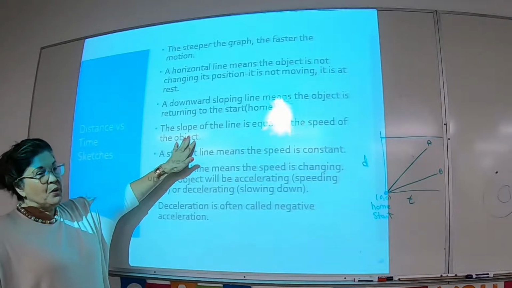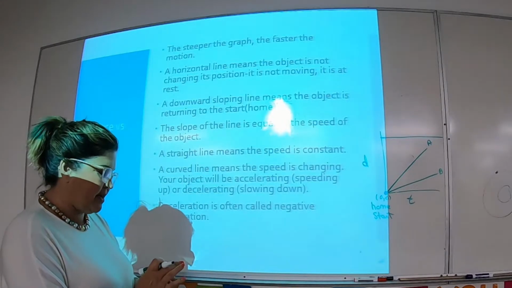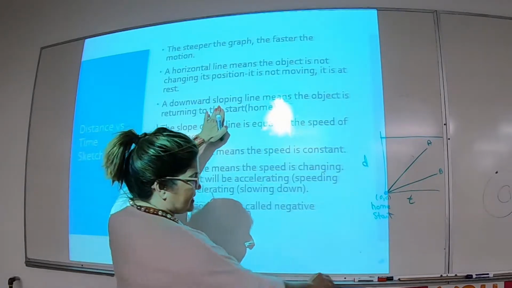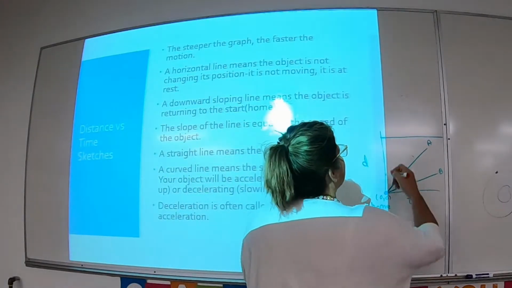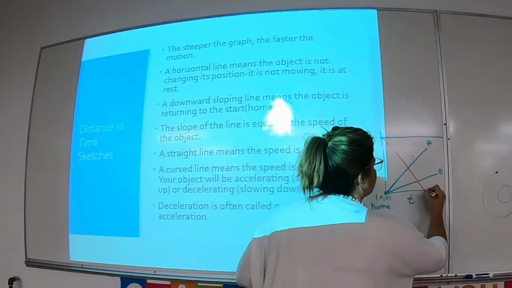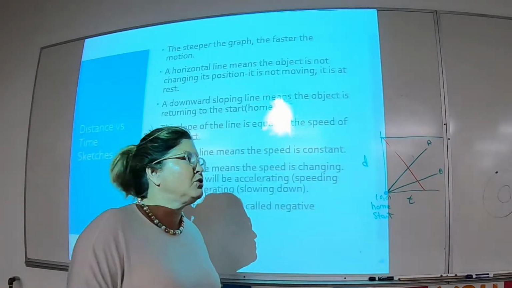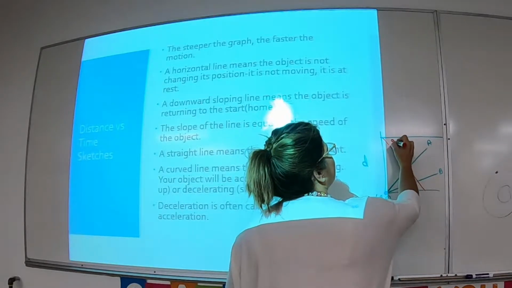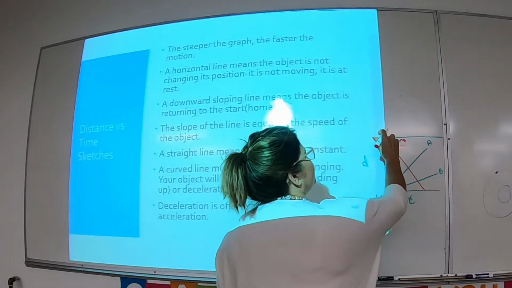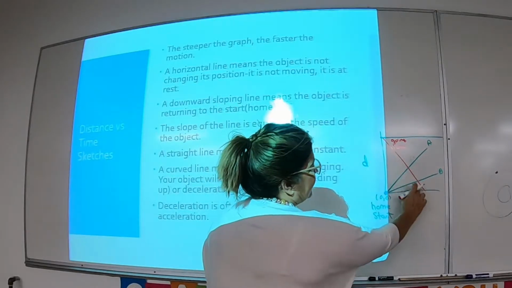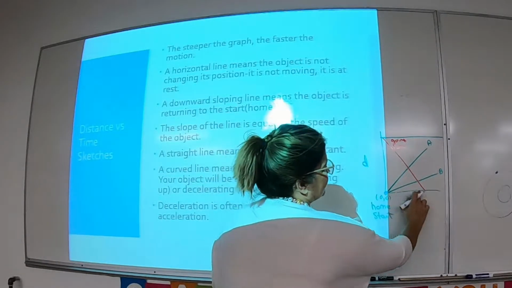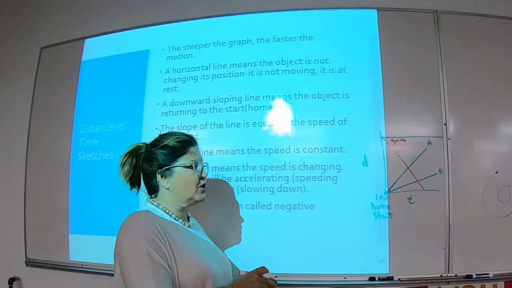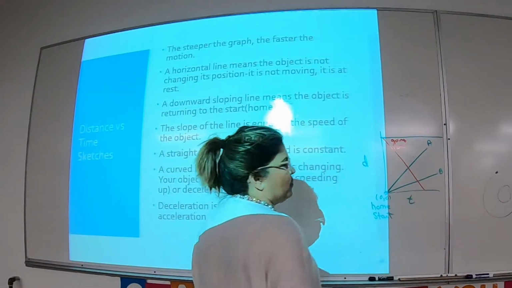So, if it's going back home, my object, it says downward sloping, so it's going to be like that. That would be going back home. Going home. So you're farther away, and here is the home position. Yes, time has passed. It's not at 0, but you're still at home.